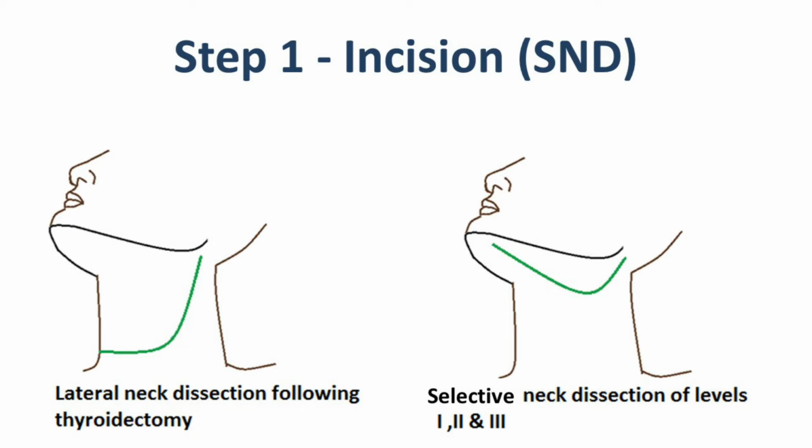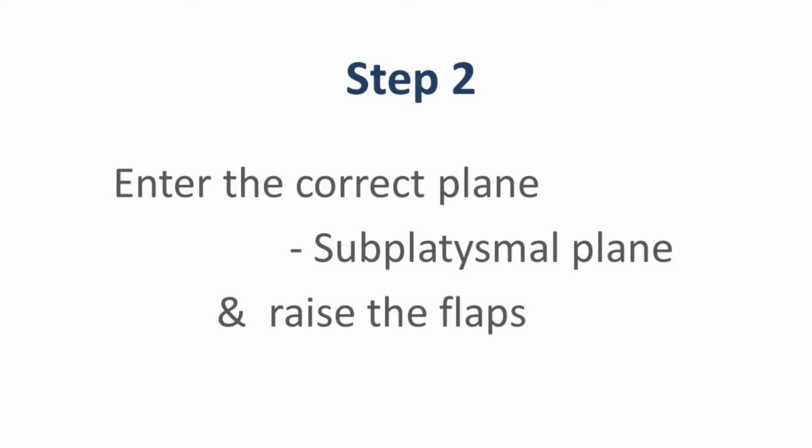On the right, you can see the standard incision for an upper cervical nodal dissection for oral malignancies which have a high potential for occult metastasis. Remember, if you do not raise the flaps in the proper plane, flap necrosis is very likely to happen.